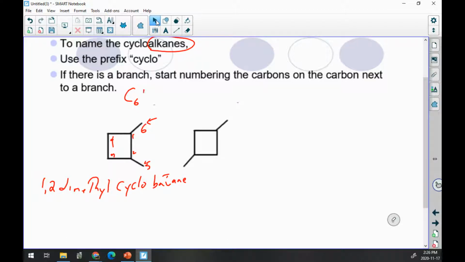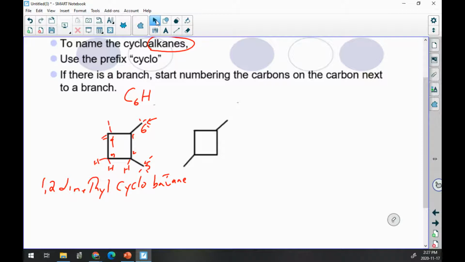Now we have to count the number of hydrogens. There are 3 hydrogens off of that carbon, 3 hydrogens off of that carbon because it's a methyl. This one has 3 carbon-carbon bonds, so there's 1 more hydrogen coming off of it. Here we have 2 carbon-carbon bonds, so there are 2 more hydrogens coming off there.